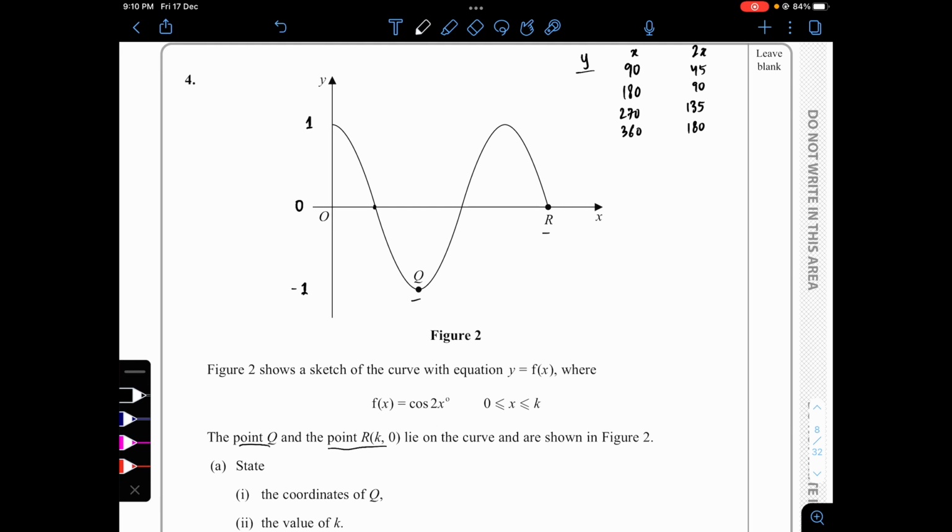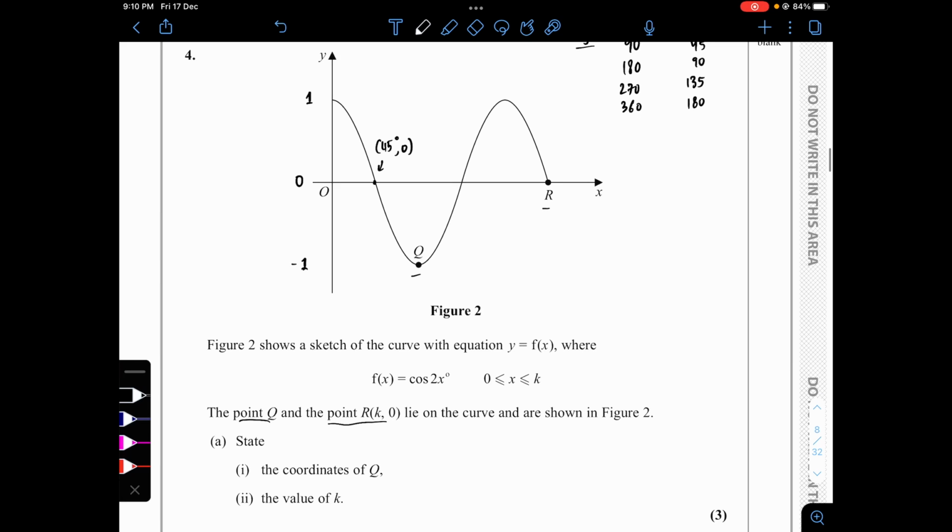This is 45 degrees. So the coordinate for Q that we can write is 90 degrees at -1. So that's this one over here. So that's that.